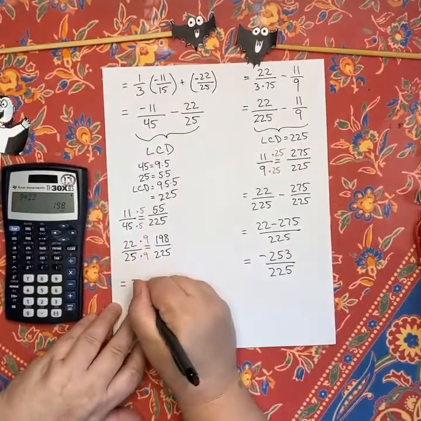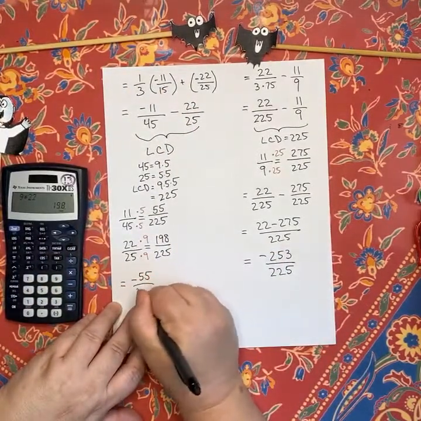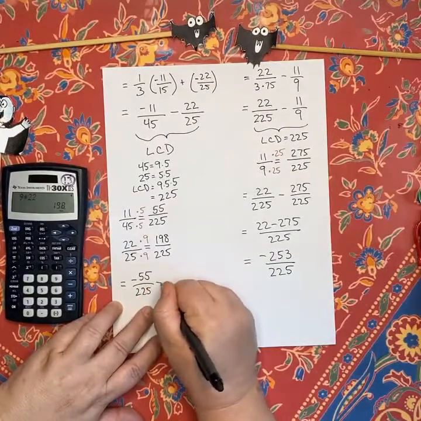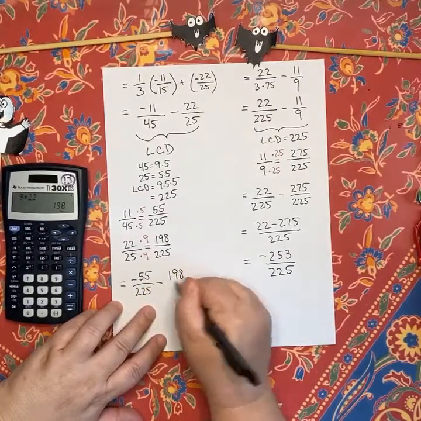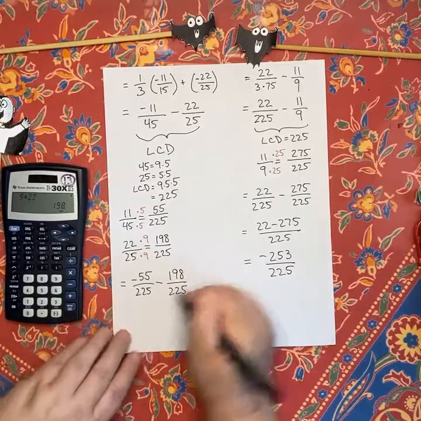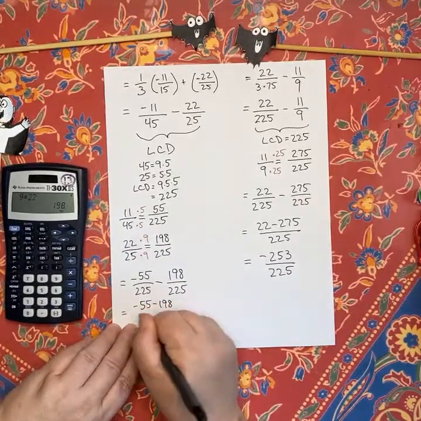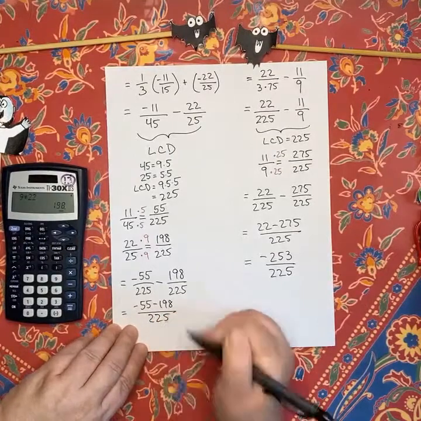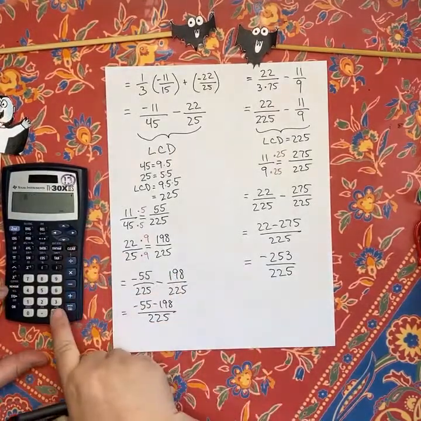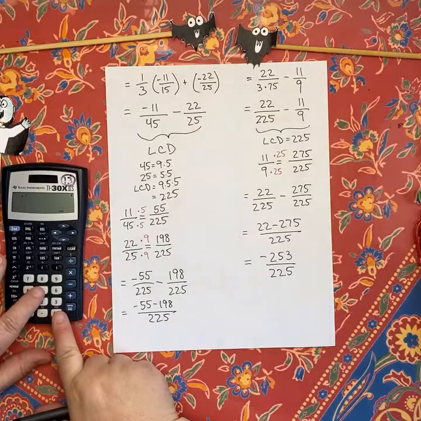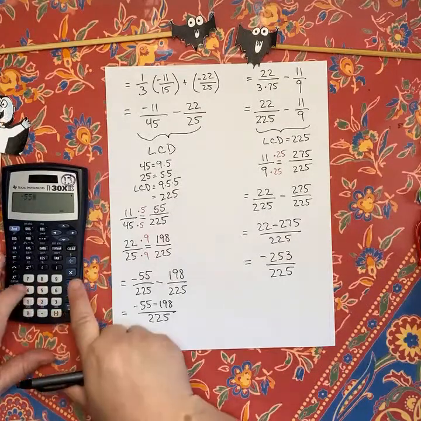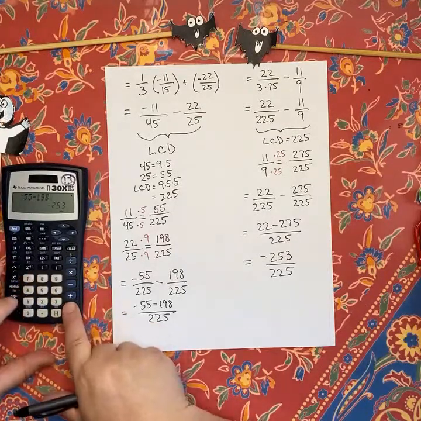So I've got negative 55 over 225 minus 198 over 225. That's negative 55 minus 198 all over 225. Negative, remember to use this key, negative 55 minus 198 equals.